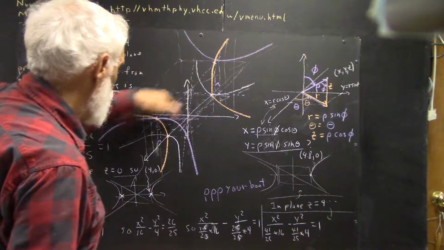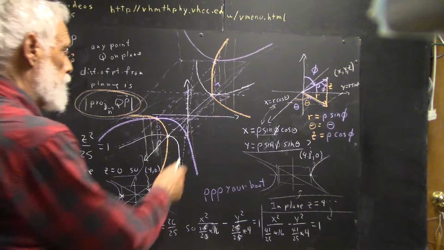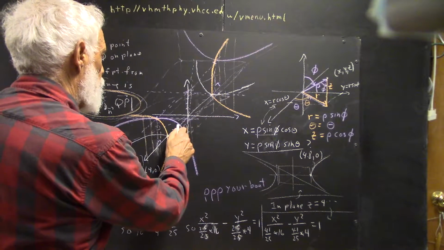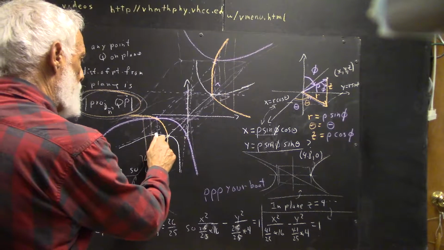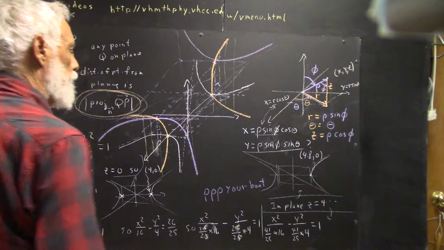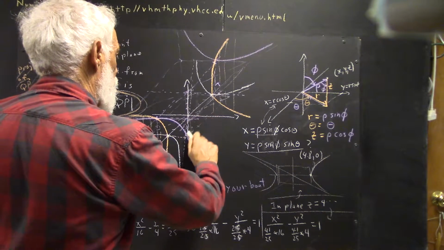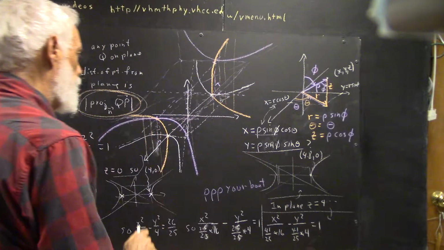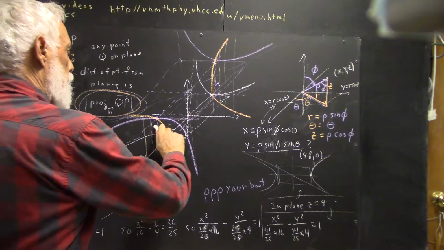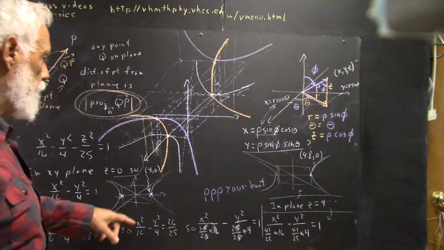Here we've got our x, y, and z axes. So I went out 1, 2, 3, 4 units on the x-axis, and I drew a dotted line here. And then I went out 1, 2 units on the y-axis, and I drew a dotted line here. And then I drew dotted lines here and here to complete the picture of this rectangle.